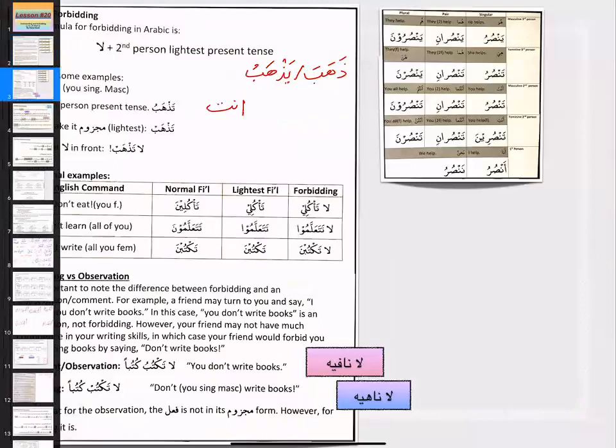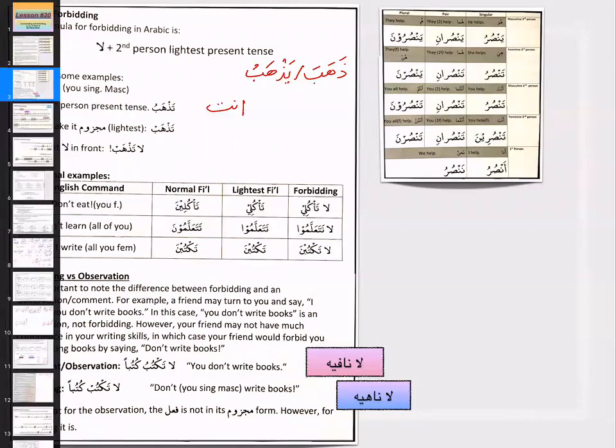Okay, so let's see what the steps are. First we said that direct commanding and forbidding happen only to the second person. But indirectly, forbidding and commanding can happen to all 14 pronouns. So how does that work?